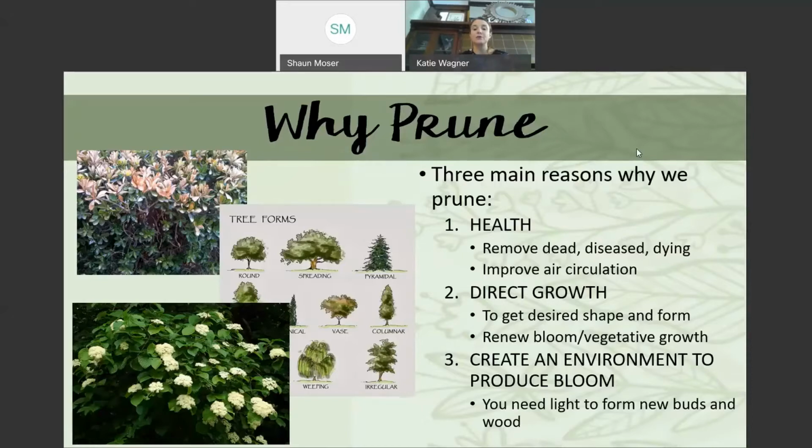And so we prune sometimes as well so that we have really nice bloom production. And again, I just want to reiterate that pruning doesn't stop growth or eliminate growth. It actually stimulates it. But by making good decisions in terms of our pruning cuts, we can direct that growth in the way that we would like the plant to put that growth out.